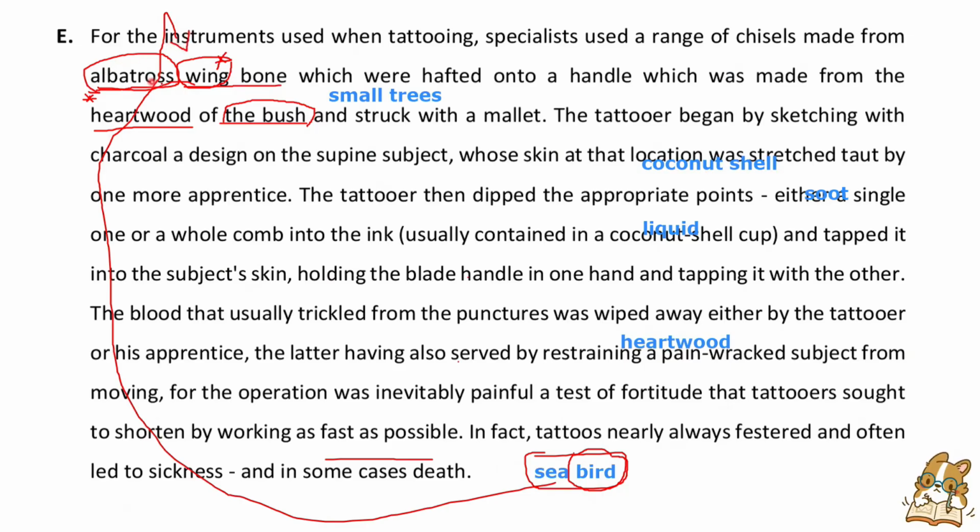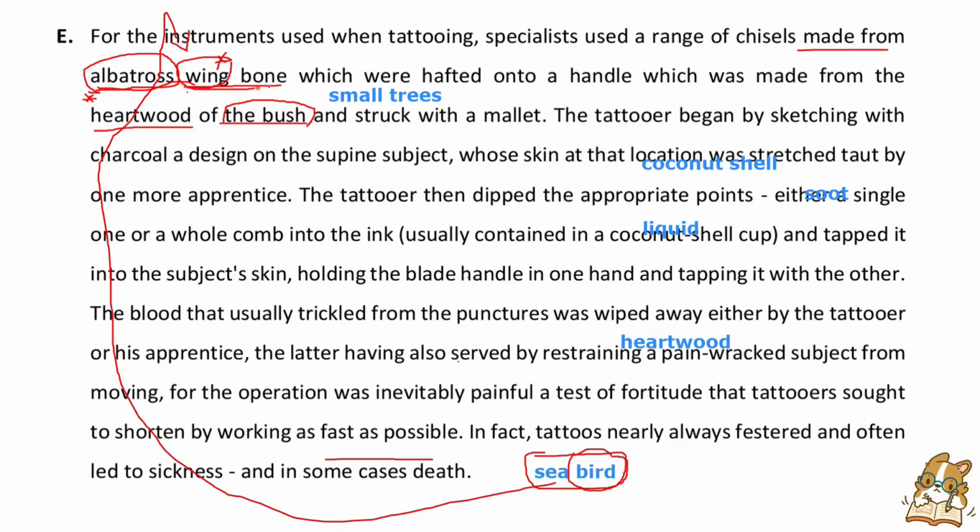Okay, so made from albatross wing bone. So what do you think is the answer? Made from albatross wing bone of seabird. So what do you think is the answer? The answer is wing bone. You are correct.